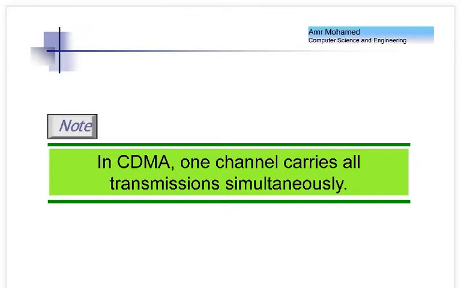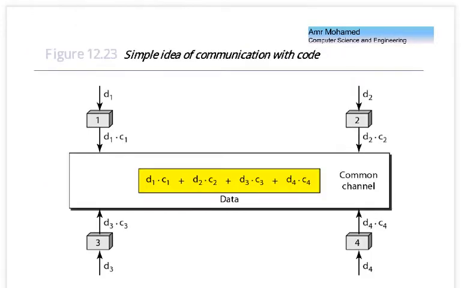So in CDMA, the nodes transmit at the same time using the same frequency. Okay? So what we do is that each node, before it sends, uses what we call a code. Before it sends the data, it multiplies this data by the code.